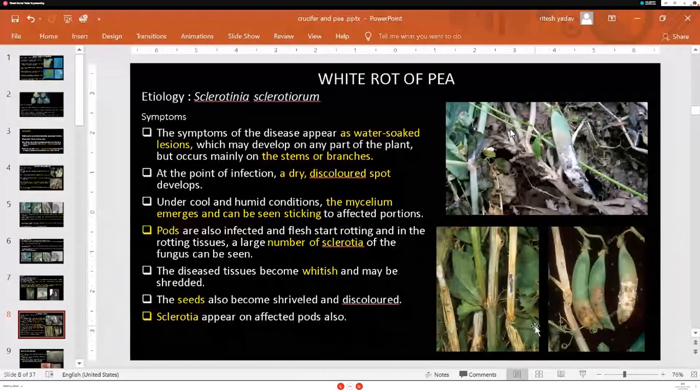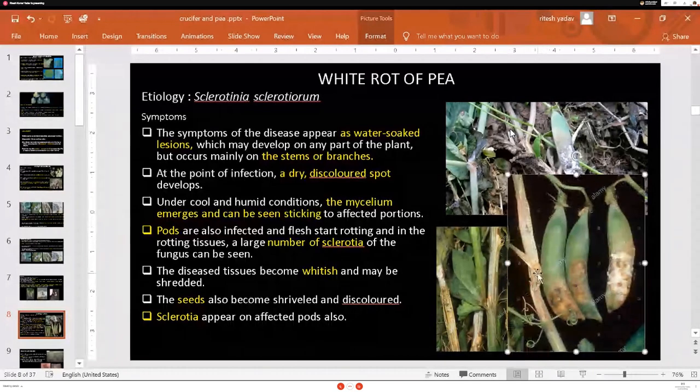You can see again there may be different kinds of dark streaks on the lower stem, and there may be fluffy mycelium. Again, it depends upon the weather condition, and infections can progress to the pods. When infection occurs on the pods, it causes water soaking of the pods, and fluffy mycelium may develop.